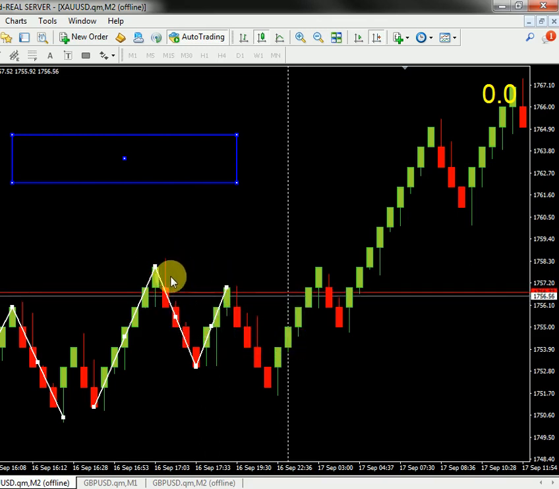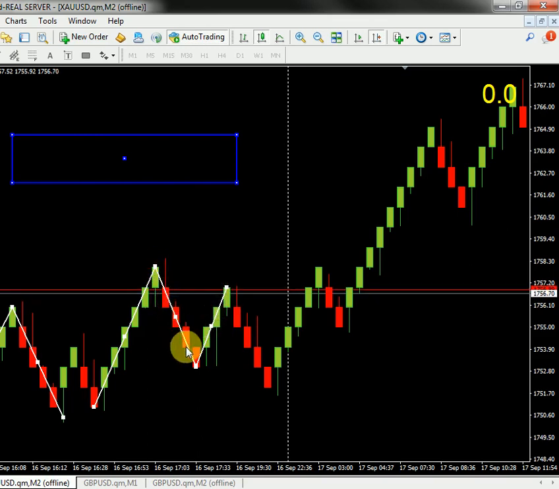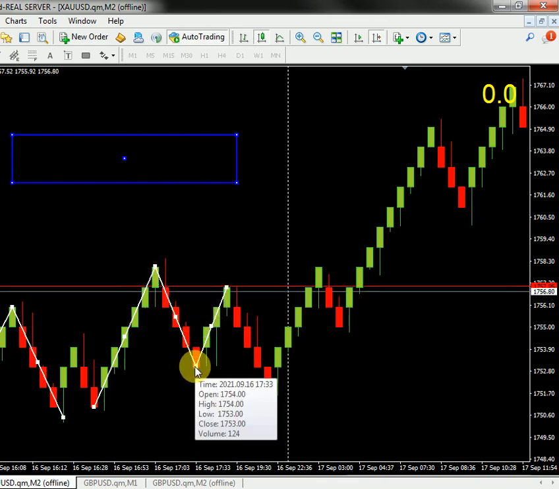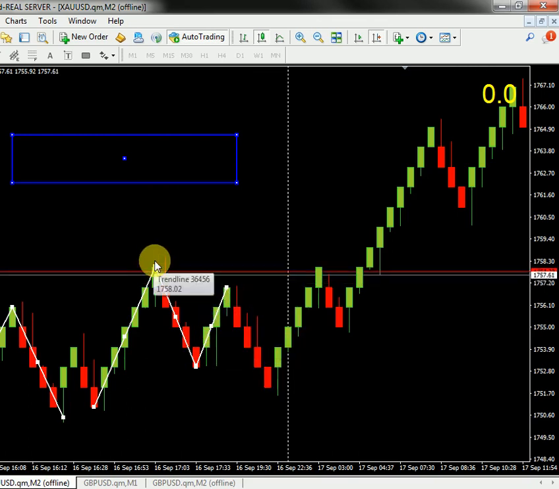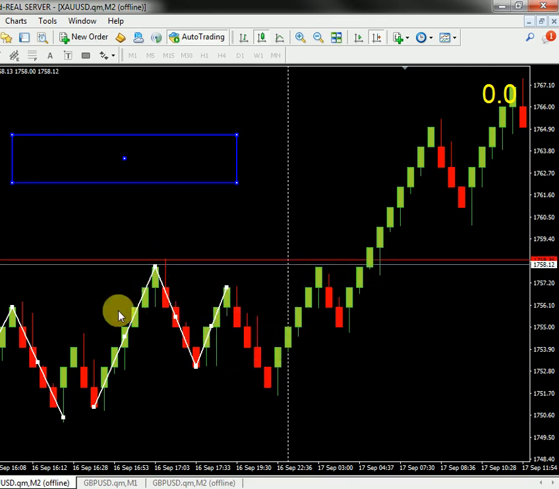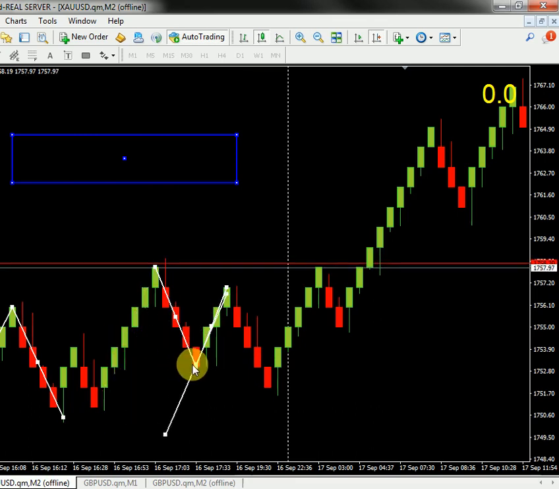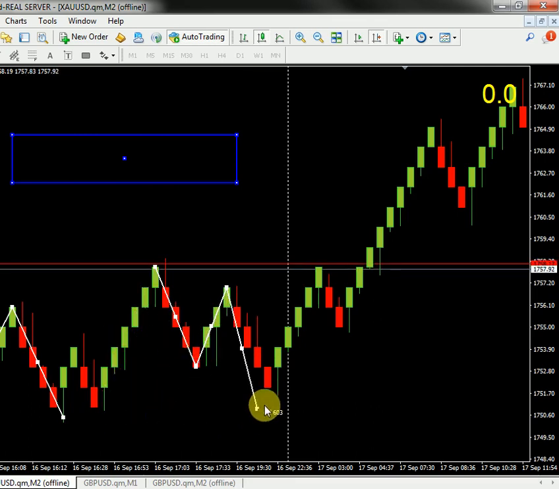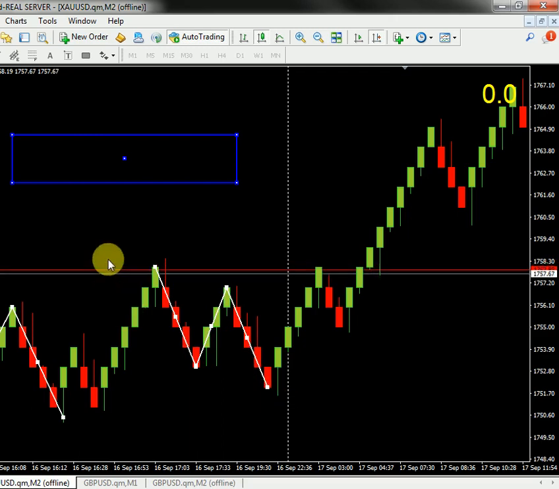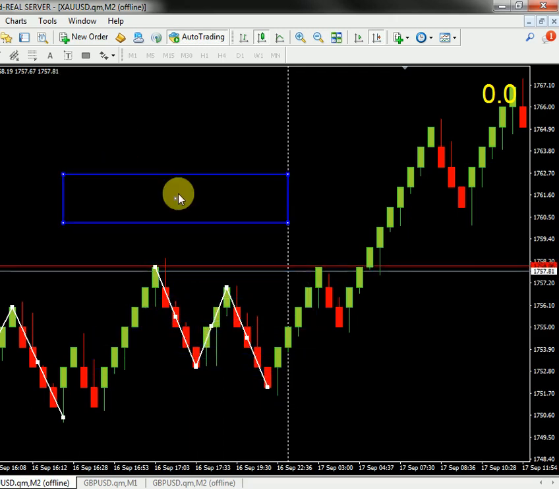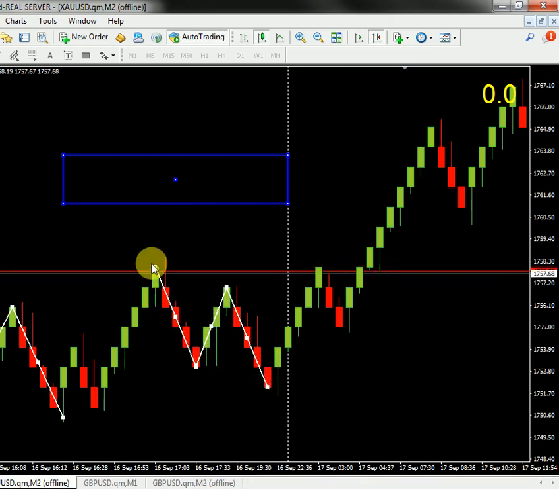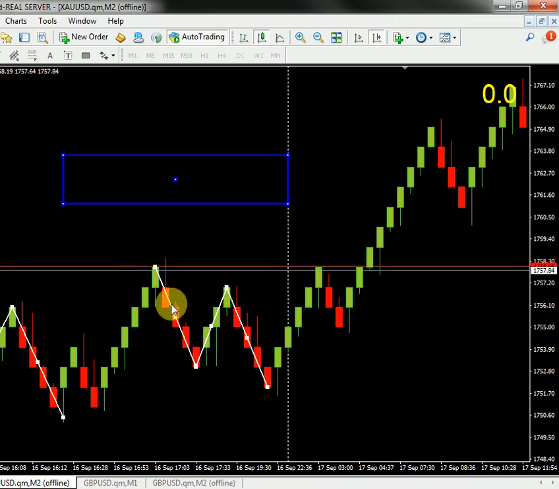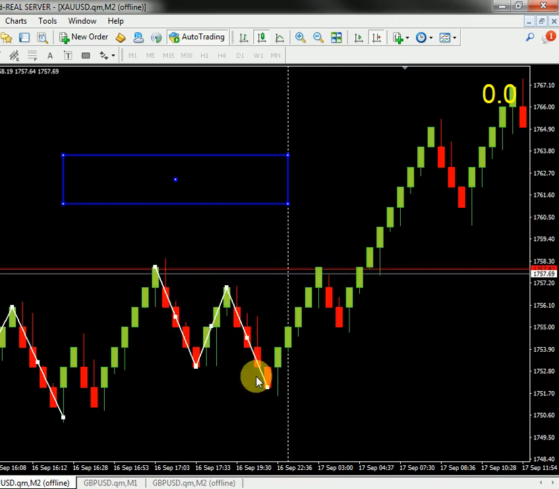So we look here: moving down we call A, then the price pulls back up, not breaking the previous high, and then goes down and breaks this area. So you can see the ABC setup, A, B, and C.